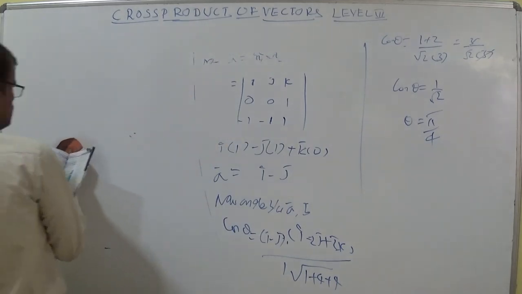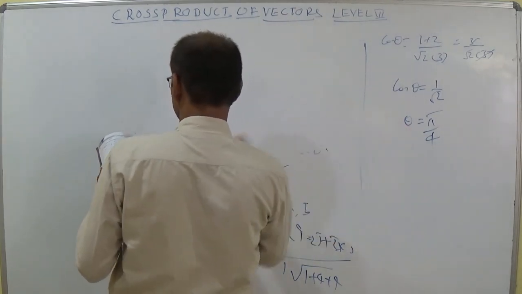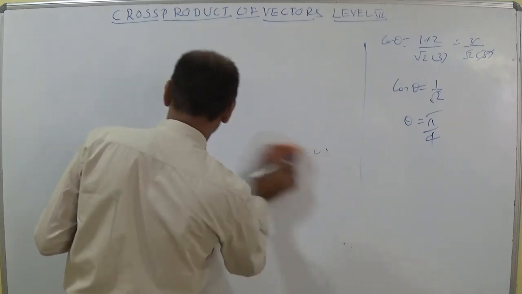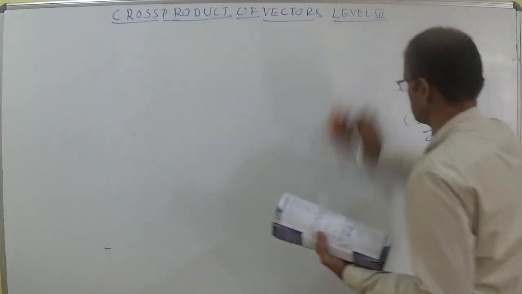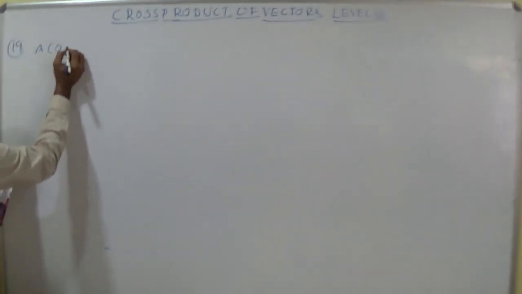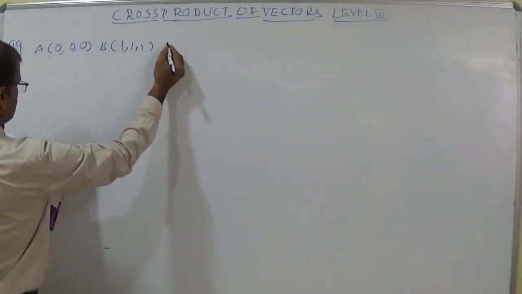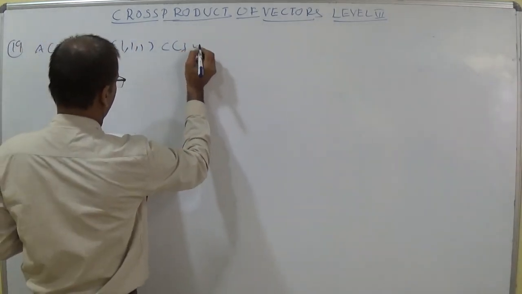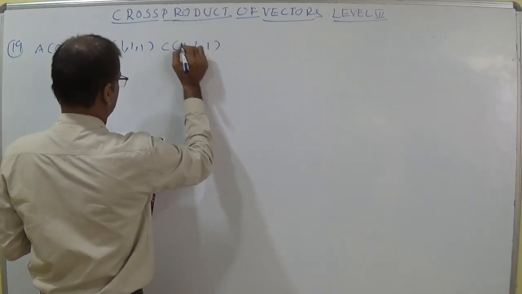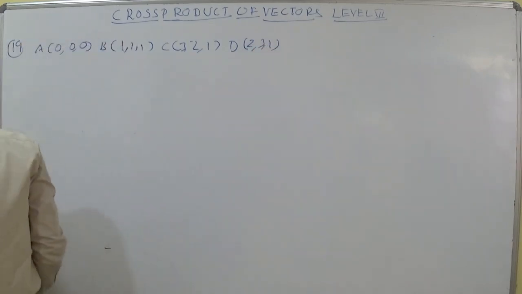19th question. The 4 points are A(0,0,0), B(1,1,1), C(3,2,1), D(2,3,1). Then find the angle between the planes through ABC and through ABD. Four points are there.